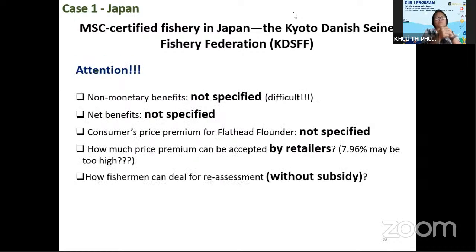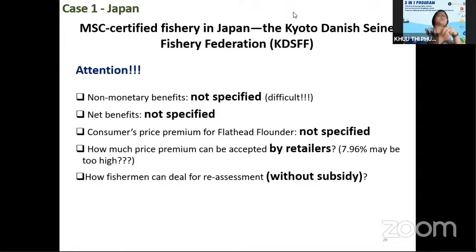Okay. And also in Japan, when they apply MSC, they cannot evaluate the non-money benefits. They cannot specify how much our reputation has increased when we apply MSC. It is very difficult to specify. And the consumer price premium for flounder is not specified.